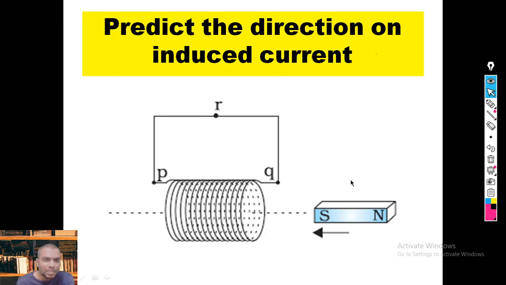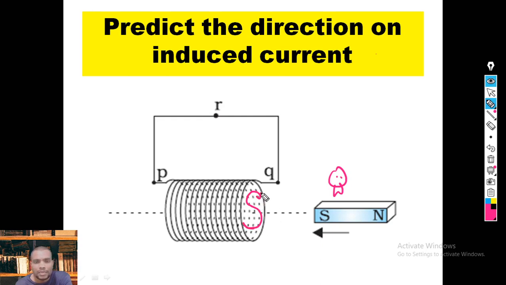Now the question is, predict the direction of induced current. This is a bar magnet which is moving towards the coil. Suppose you are looking from the axis of the bar magnet, from that direction. This is magnetic south. Here the same south pole has to develop. Why?